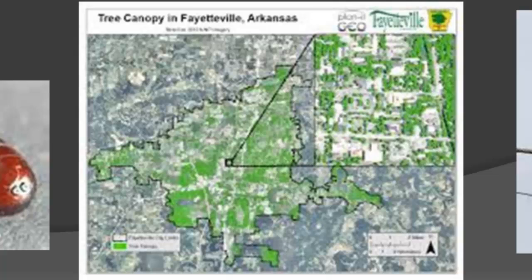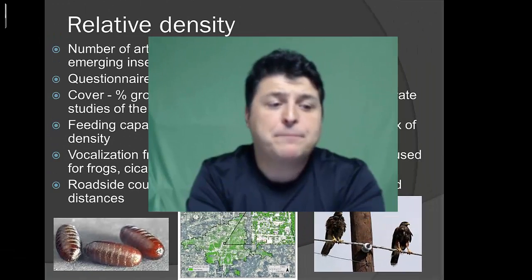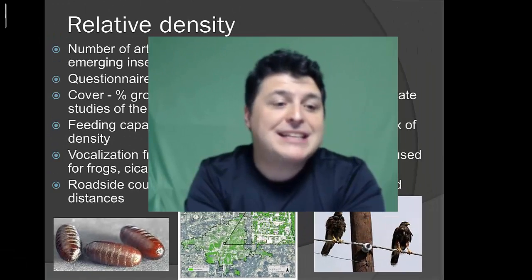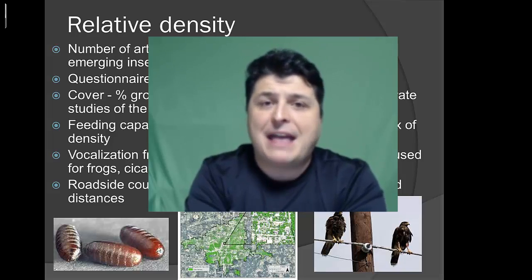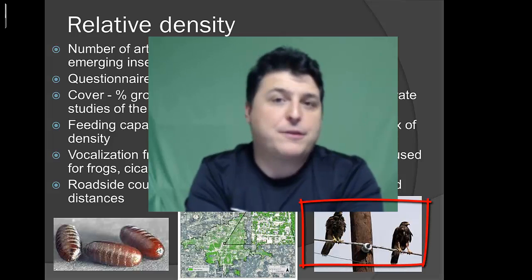We can estimate the average size and then how many trees we can see, and extrapolate out the percent ground cover to the population of, say, for instance, trees. We might do some roadside counts so that as we drive along, we count the number of birds across a certain distance and then extrapolate that out to figure out the relative density.